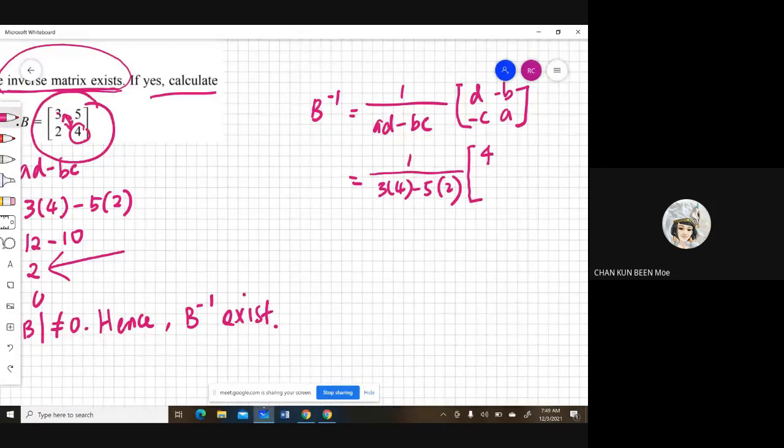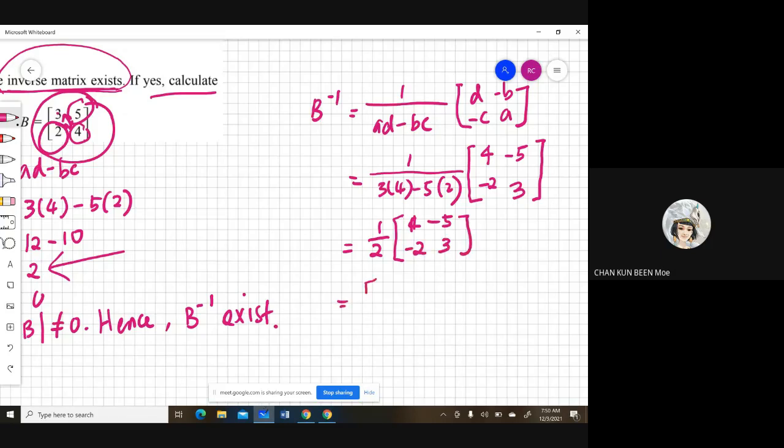The A is 3. The B is negative 5, you add on the negative sign. And then the C is negative 2. So this will be 1 over 2 multiplied by [4, -5; -2, 3].